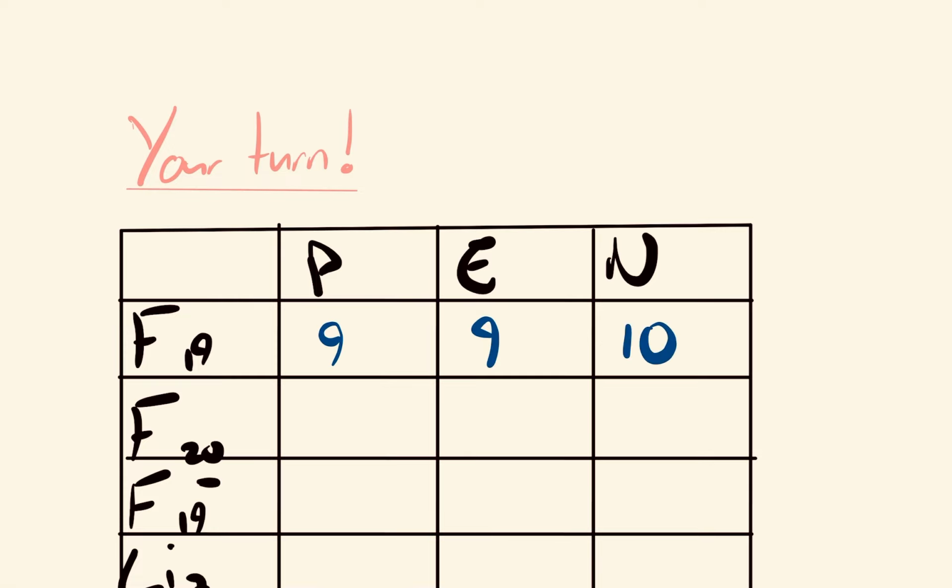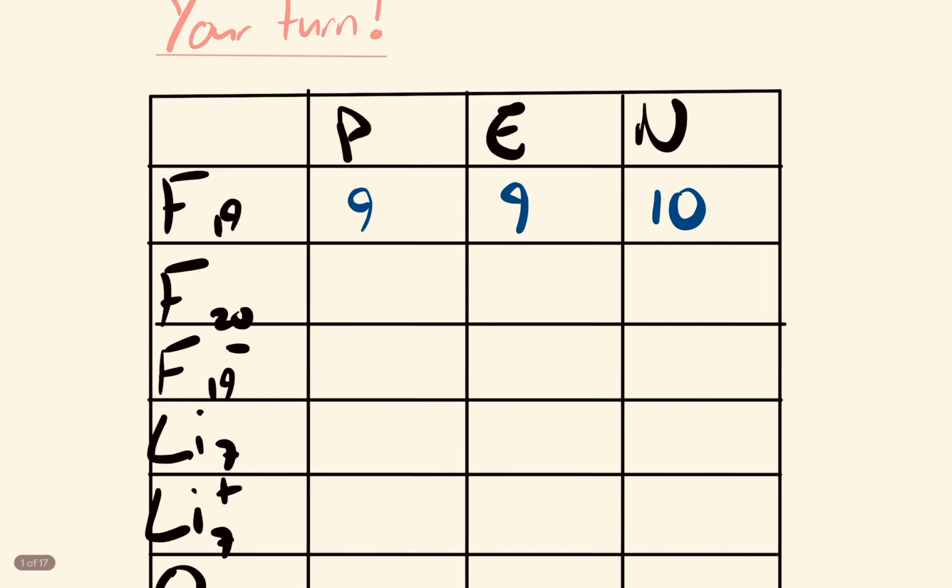For our second question, we've got an isotope here. We've got fluorine 20. And an isotope is a different version of an atom containing the same number of protons, but a different number of neutrons. We'll look at this in more detail next time. So again, we've got our same proton number. By definition, our atom will always have the same number of protons.